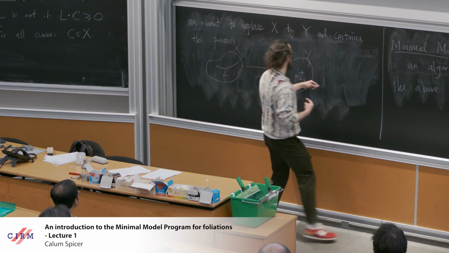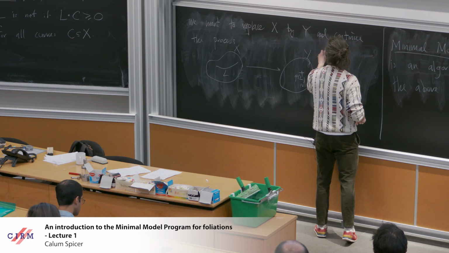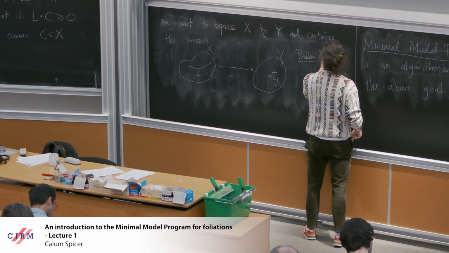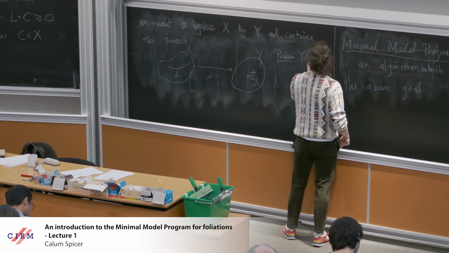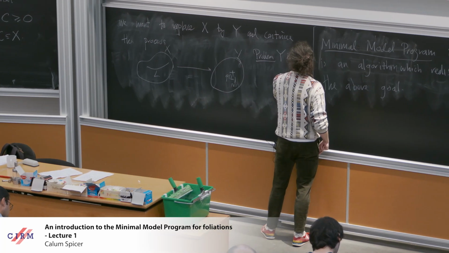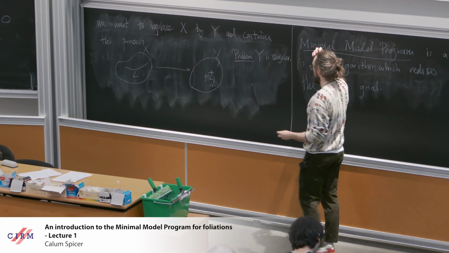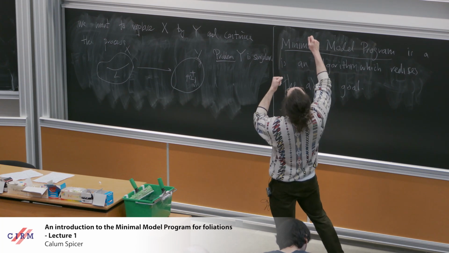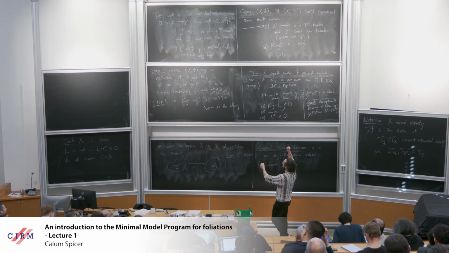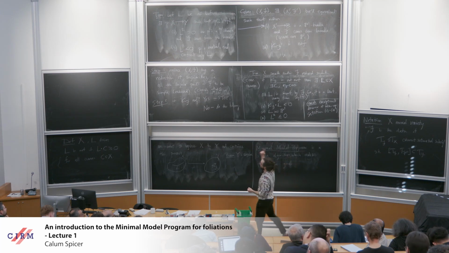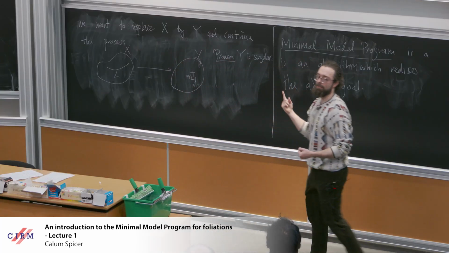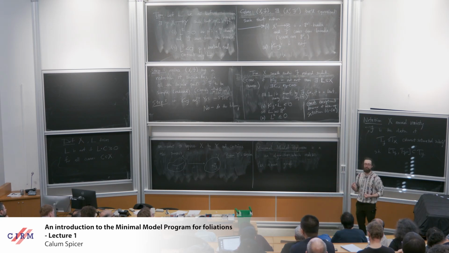So usually, problem, Y is singular. Now, up until this point, I've assumed that all my surfaces were smooth. This tells us that if we want to actually realize this dream of the minimal model program, we have to work with singular varieties. And this is just a fact of life about the minimal model program.